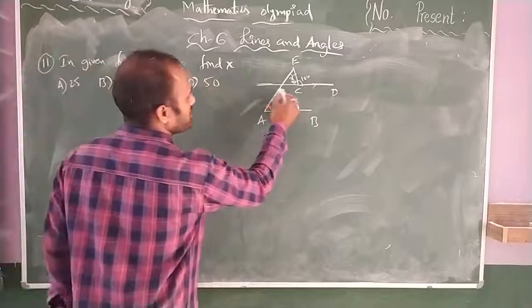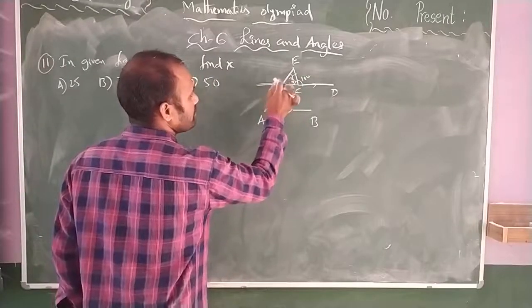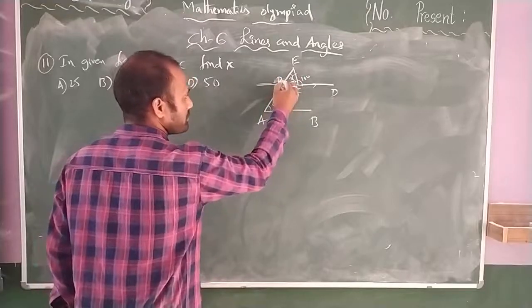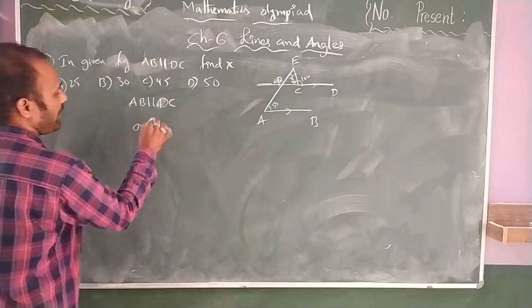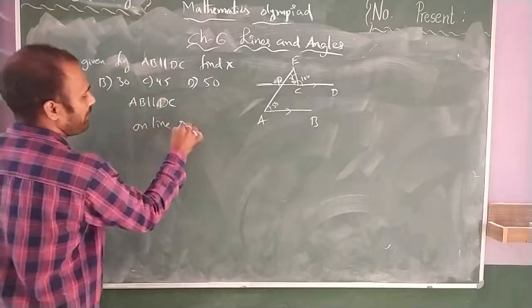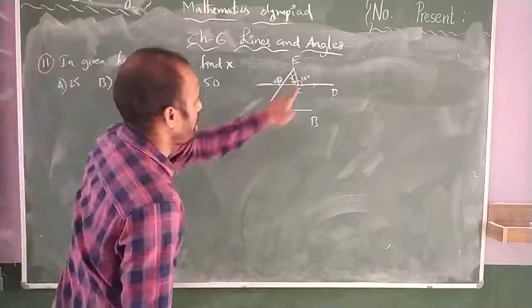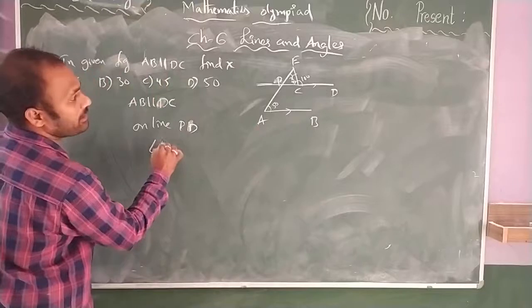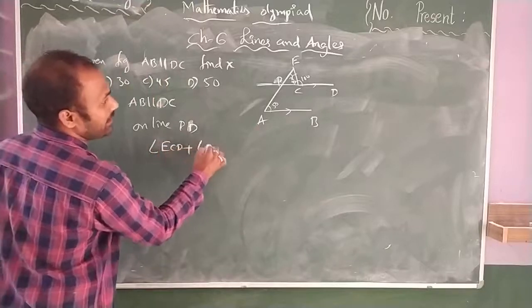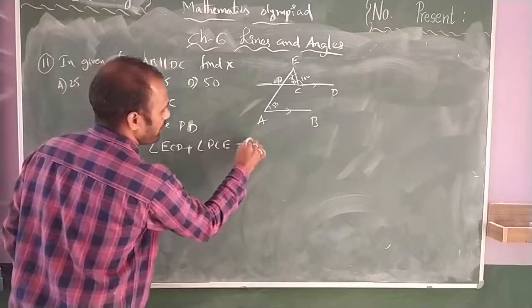So I will mention this with some name. Let us suppose here it is P. So on line CD, if you observe the line CD, it is forming this at 80 degrees. Angle ECD plus angle PCE is equal to 180.